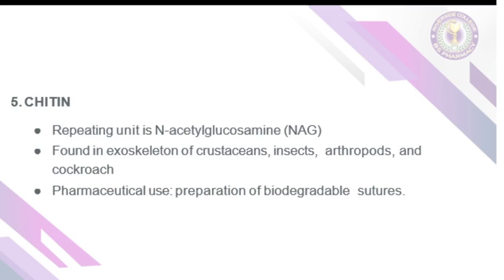And number 5, your chitin. This is in the exoskeleton of crustaceans, insects, arthropods, and some other organisms. It is made of repeating units of N-acetylglucosamine. We will discuss NAG when we reach bacteria in your biochem microbiology.